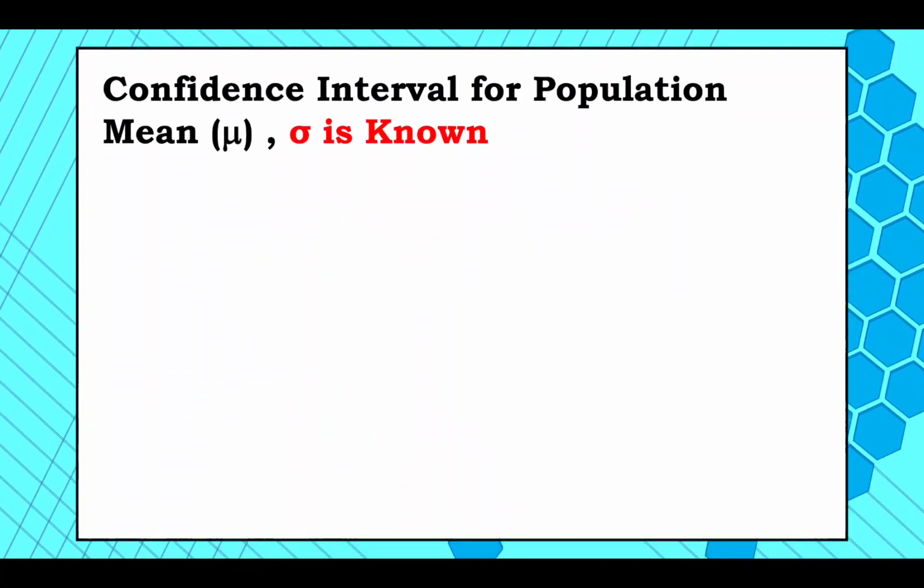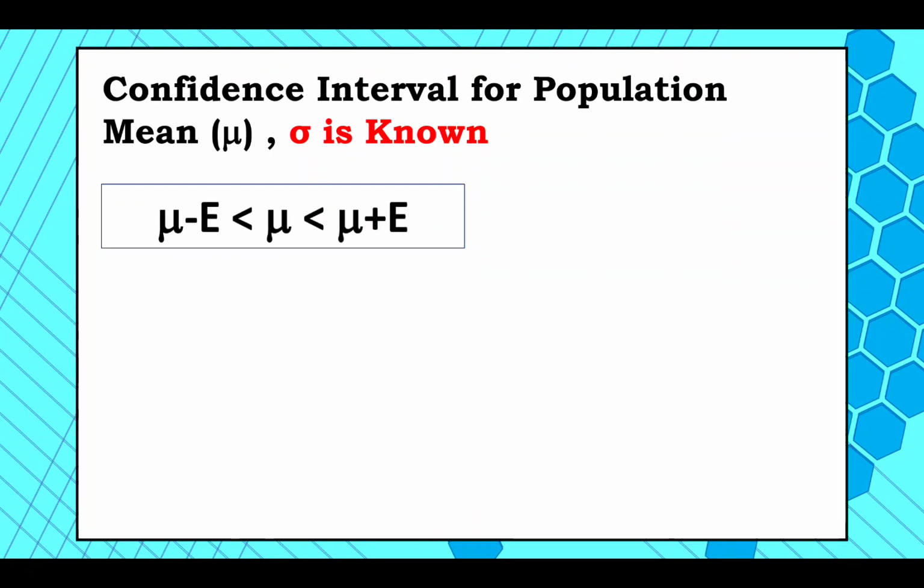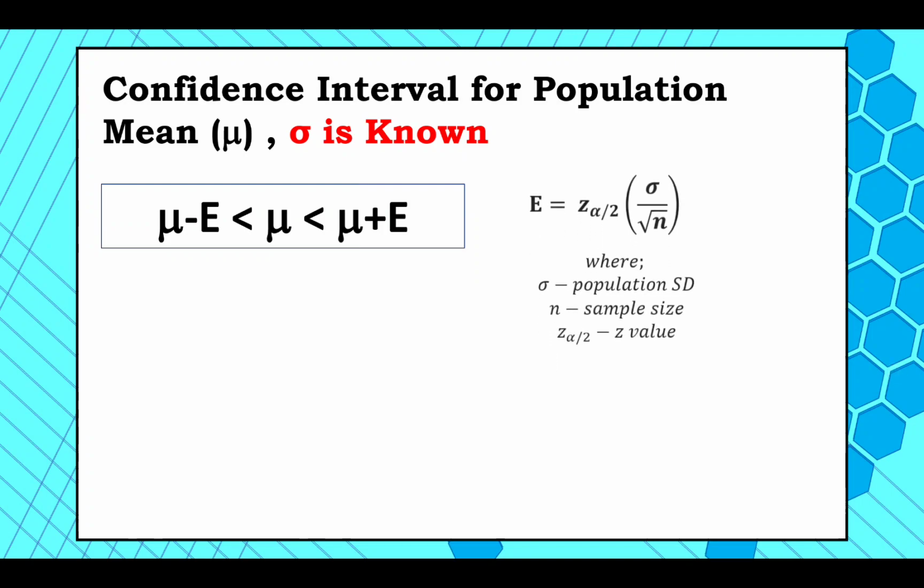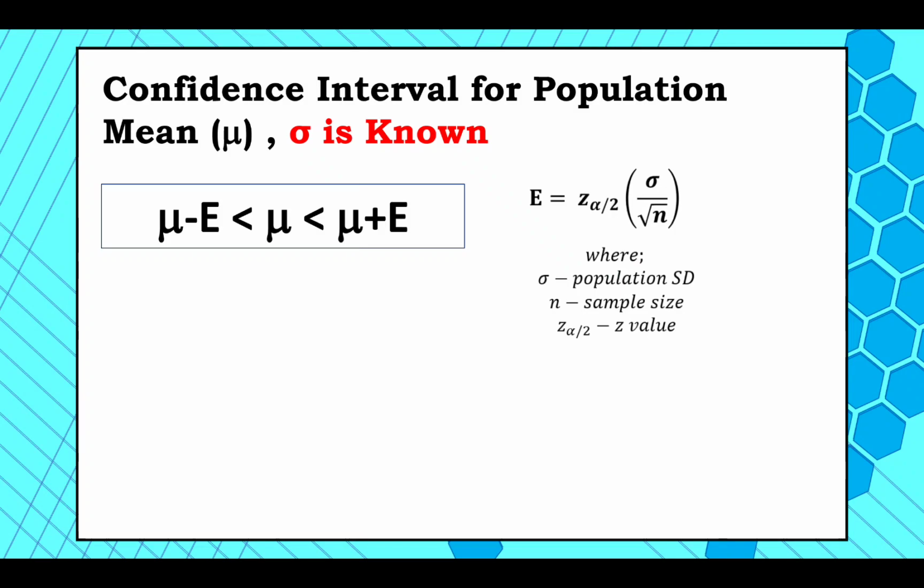If that is the formula for the margin of error, there will be a minimal revision. Dadagdagan natin ng step yung ating previous discussion on the previous video, which is we're going to compute for the margin of error. This formula is only applicable again when the population standard deviation is known.